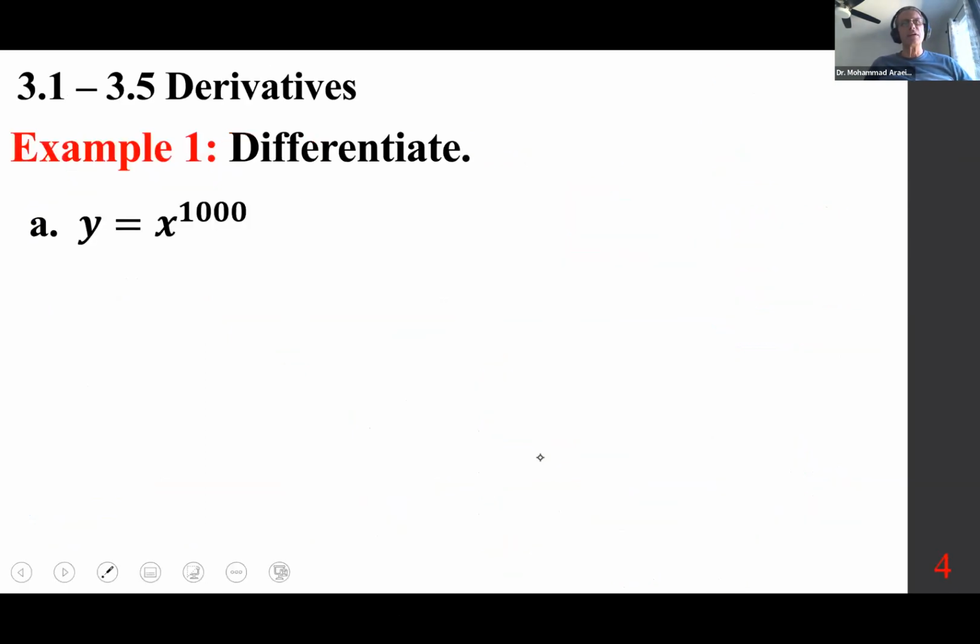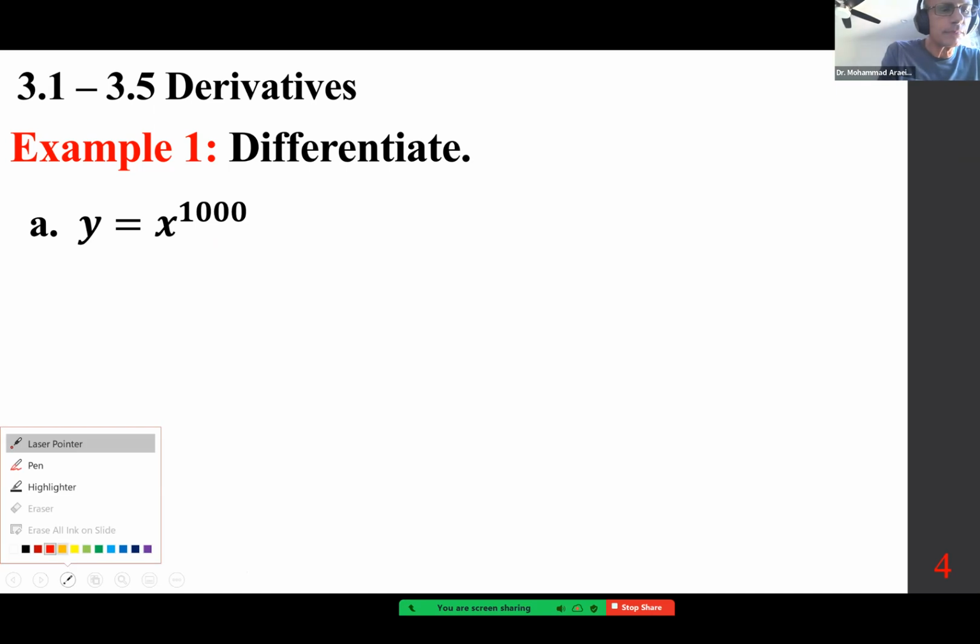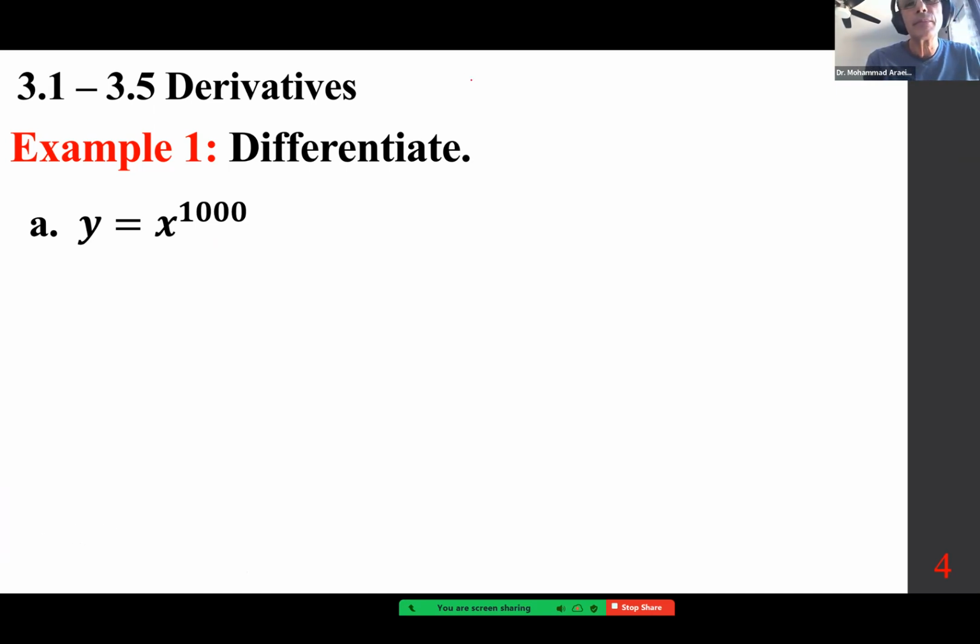Let's start with a very simple example, and that covers what's known as the basic rule of differentiation, which is the power rule. The derivative of x to the power of n is n x to the power of n minus 1.